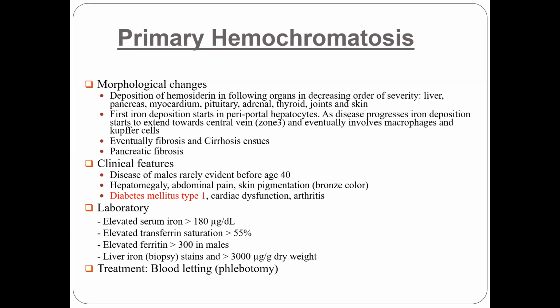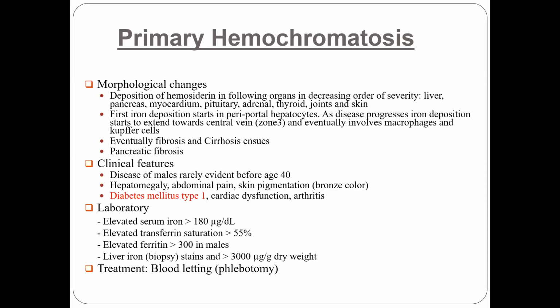It may get deposited in the pancreas, resulting in diabetes mellitus. It may get deposited in the heart, resulting in a restrictive form of cardiomyopathy. So this makes for a really nice question on any exam. Why? Because it's a systemic kind of presentation, in addition to the fact that it is also a major liver condition.